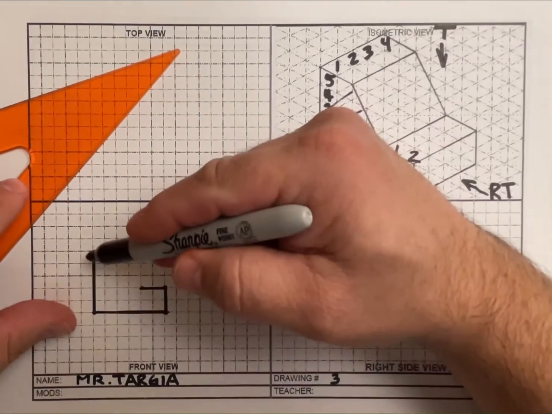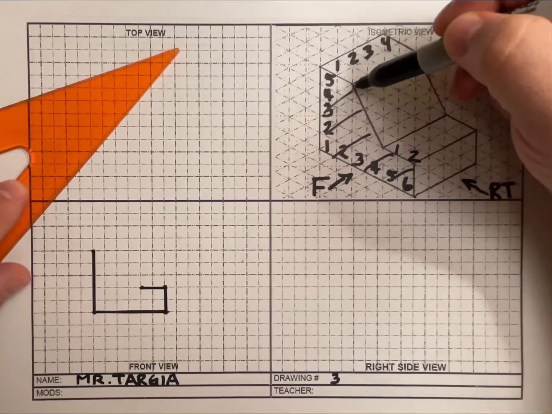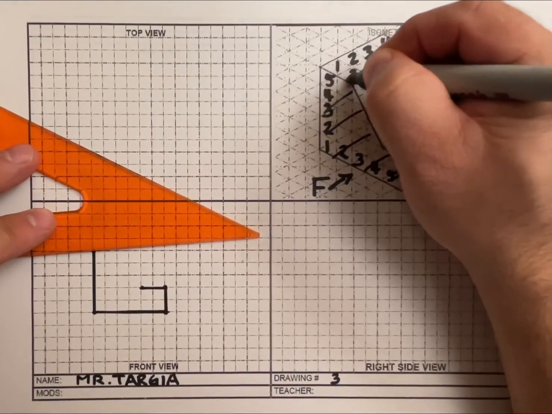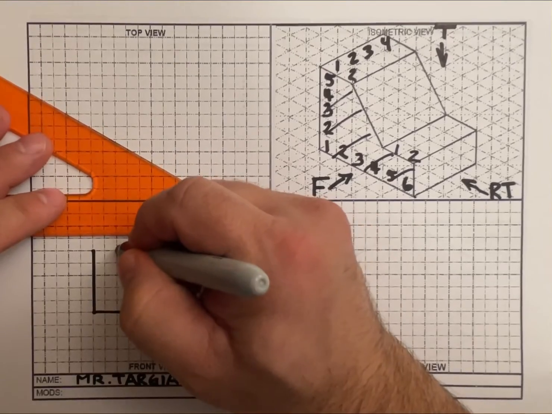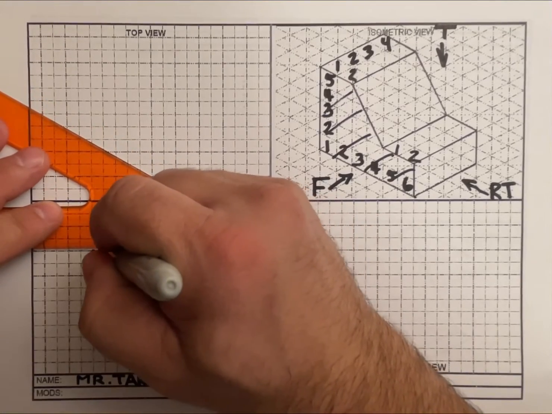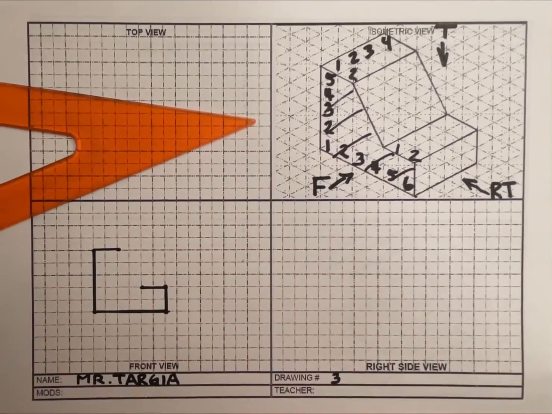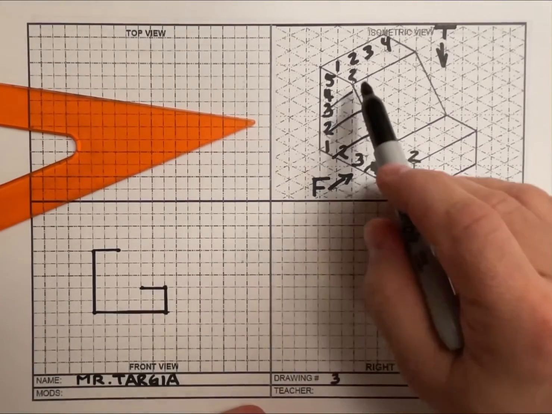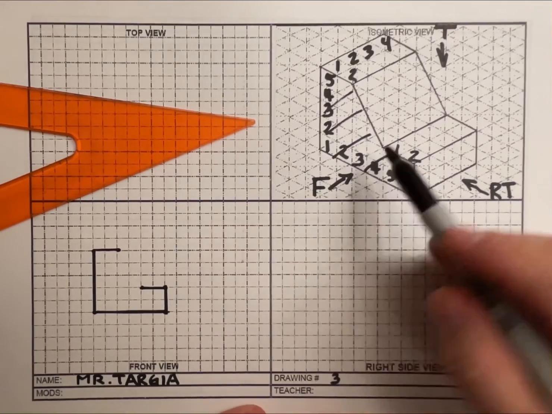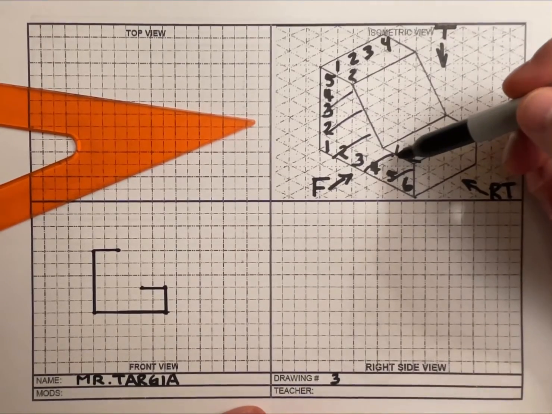Next thing I'm going to do is come back to this top corner and extend over 2 blocks, because this is still 1, 2 over. So I'm going to count 1, 2 to the right. Now, when you're dealing with angled lines, I've created all my other lines first, and then this angled line would be created last.